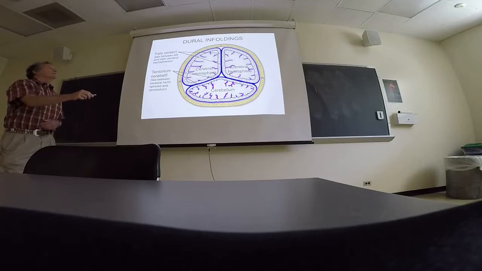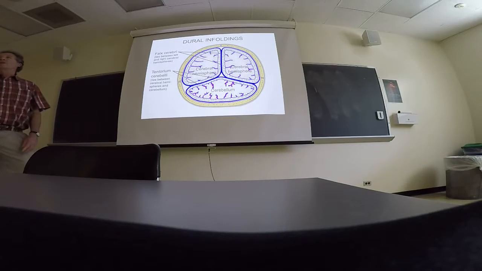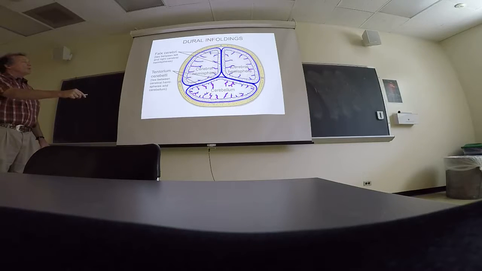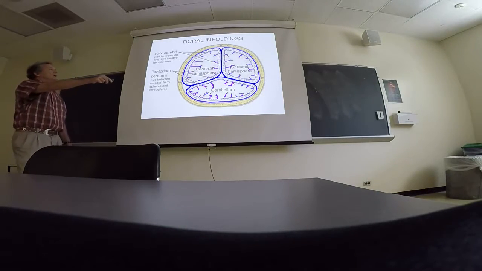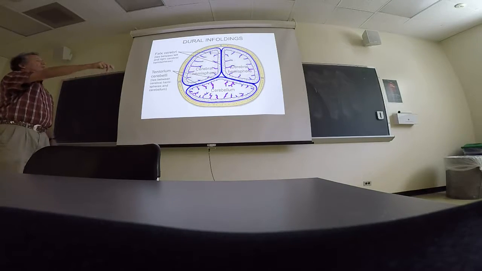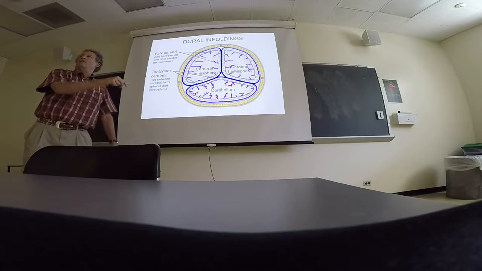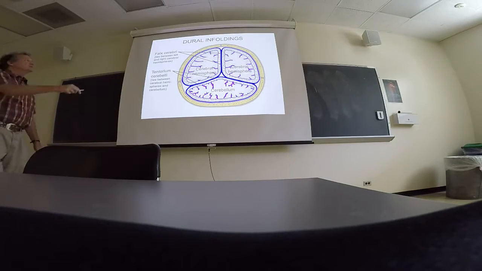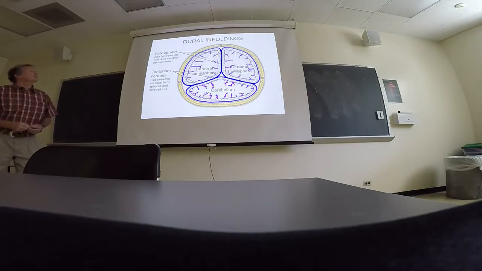If you were paying attention on Wednesday when we removed the brains for you, this was a bit of a problem because you've got this great big hunk of dura separating the cerebellum from the cerebral hemispheres. So if we didn't cut that out, we would have pulled out the cerebral hemispheres and the cerebellum would have been left behind, because this dura, as the name implies, is fairly tough stuff.